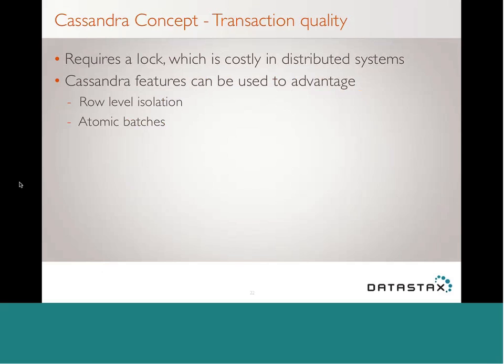So a really important one is row-level isolation. Row-level isolation is all about, if you're updating a row, and someone comes along and reads it, they don't get half of the data that was there. Like if you're in the middle of doing an update, they don't get what you just updated and then the rest of the data. No, everything has to be updated, and then once it's done, it snaps that table over.